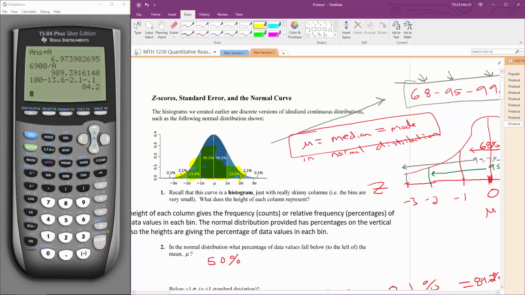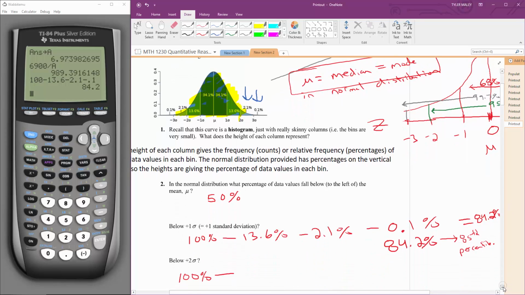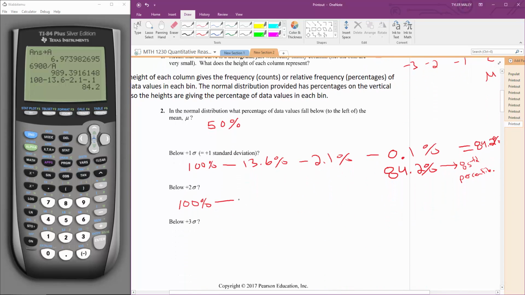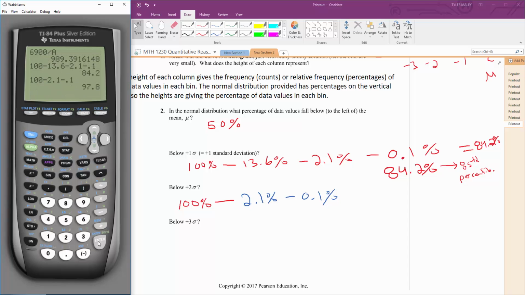We want to know what this percent is. We could add all those up, but it's much quicker to take 100 minus 2.1% minus 0.1%, which is 97.8.